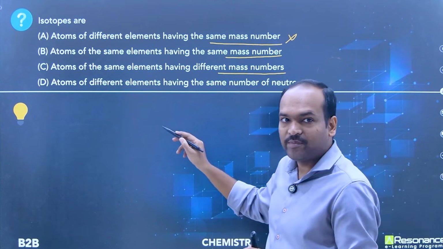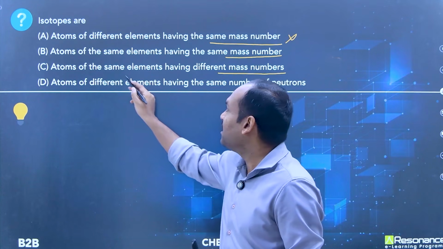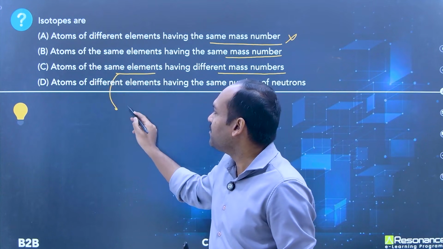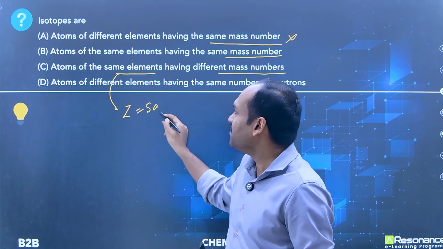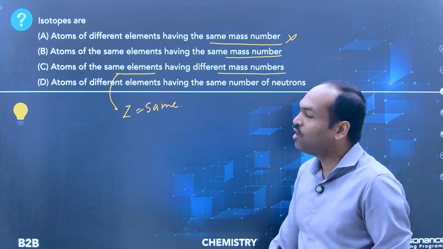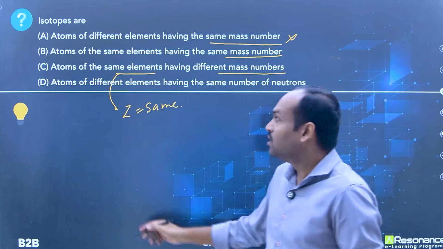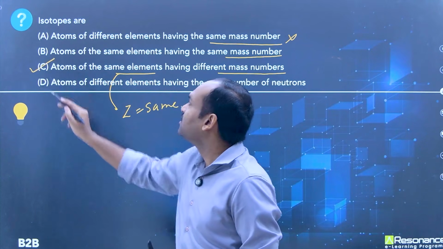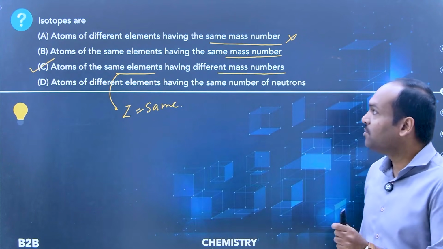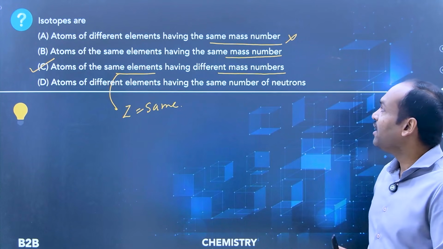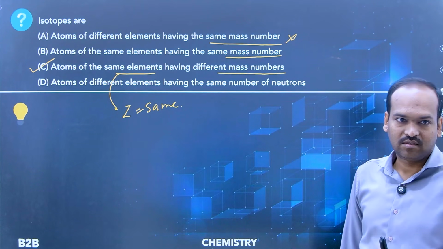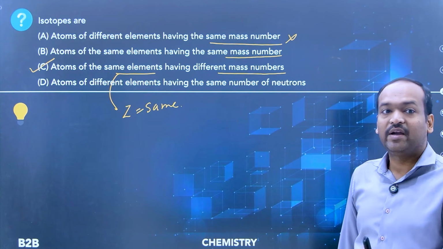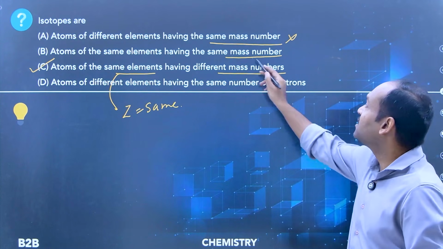What is the meaning of same element? Same element means Z is the same, no beta. Z same, A different. So we'll go for C option: atoms of the same element having different mass number. But here they are saying same mass number.